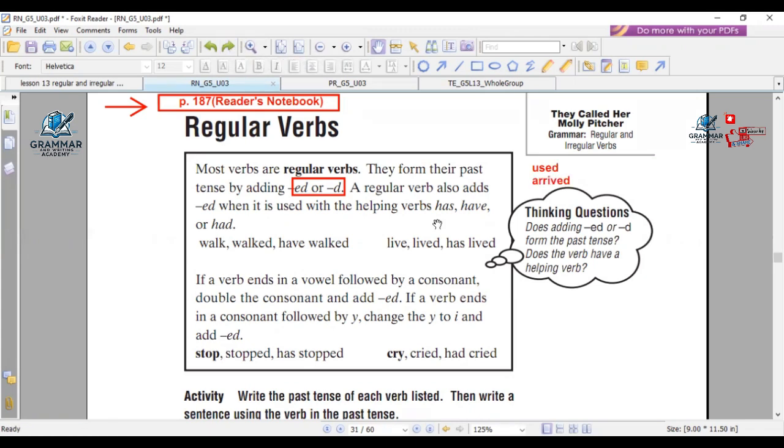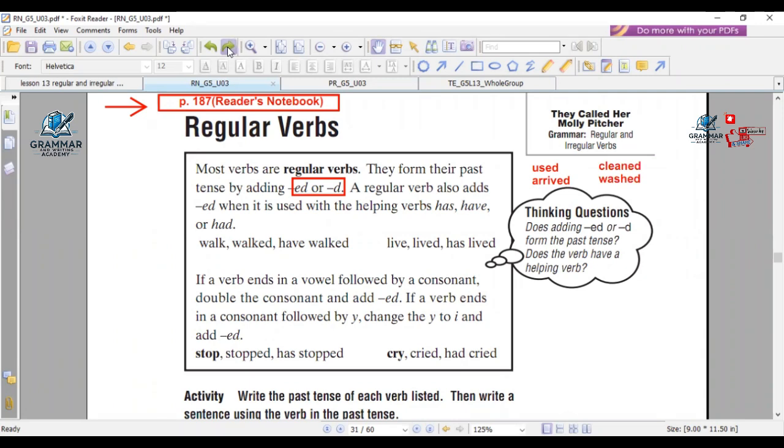Also, arrive has e at the end of it. If I want to put it in the past form, I'm going to add d only. So this is for the d. If you have a verb with e at the end, add only d. If you don't have e at the end, you're going to add ed, like clean, like wash. It will be cleaned and washed, right?